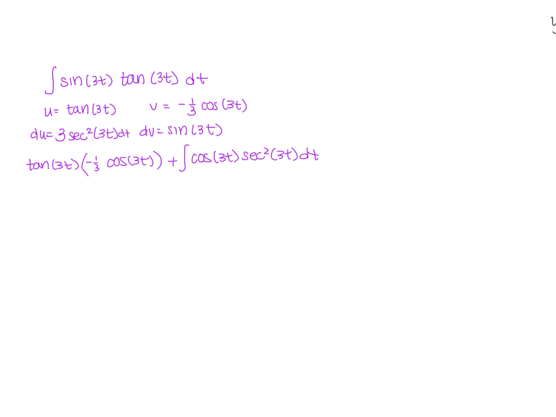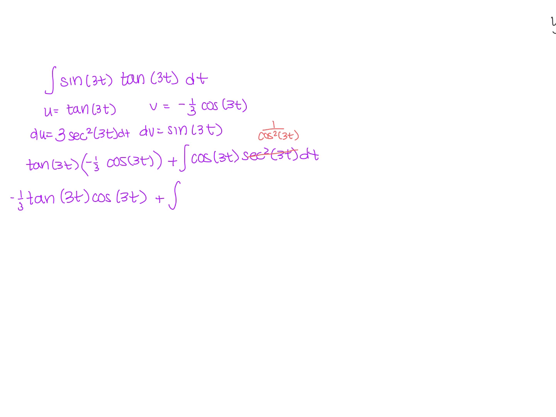All right. Well, if we know anything about secant, hopefully we know something about secant. Secant is 1 over the cosine. So really this expression could be rewritten as 1 over cosine squared of 3t. That's helpful because then we've got, I'm going to pull this 1/3 out front, negative 1/3 times the tangent of 3t cosine 3t plus the integral.